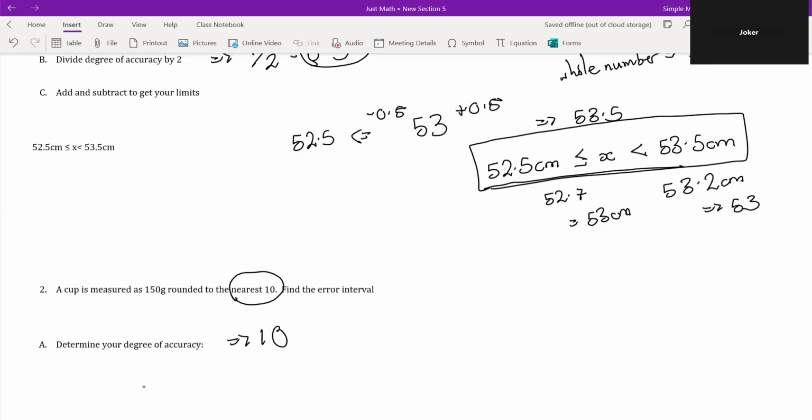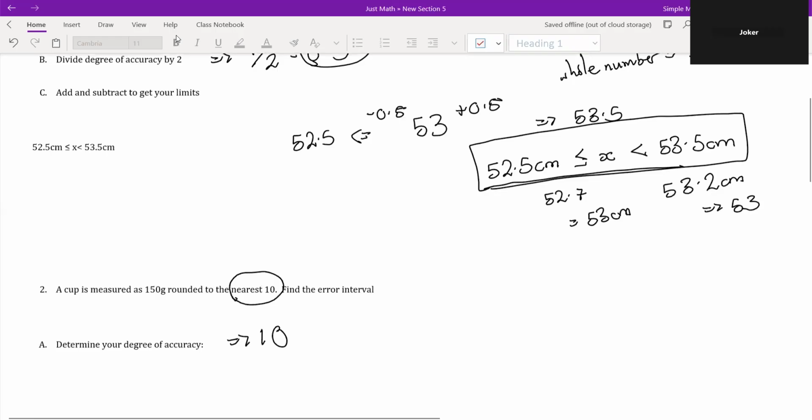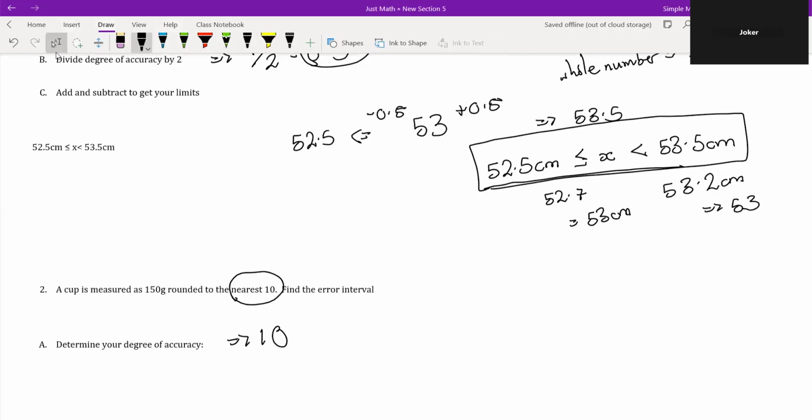Usually they would give it to you in the question. But if they don't, for example, if they just say a cup is measured as 150 grams, you could assume it to be the nearest gram or the nearest whole number.